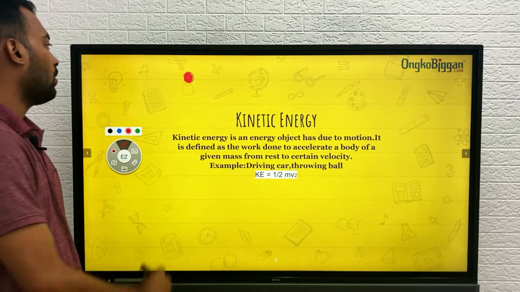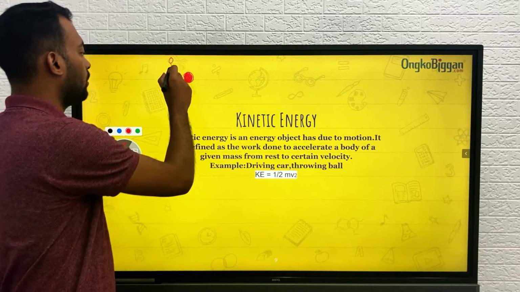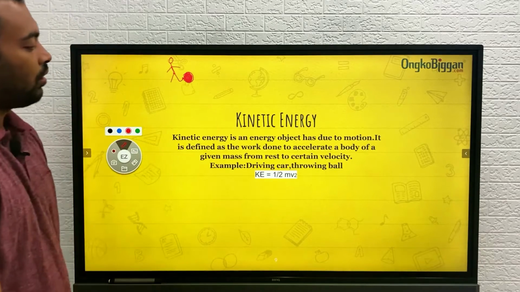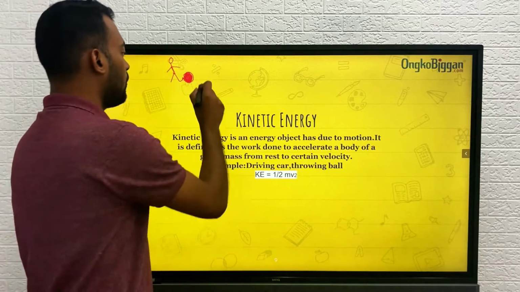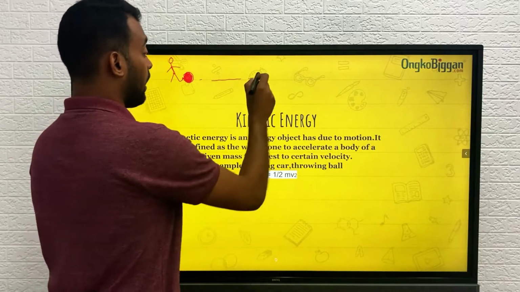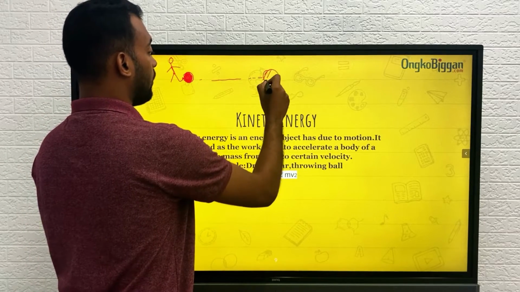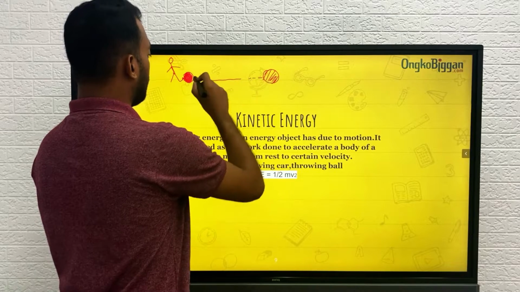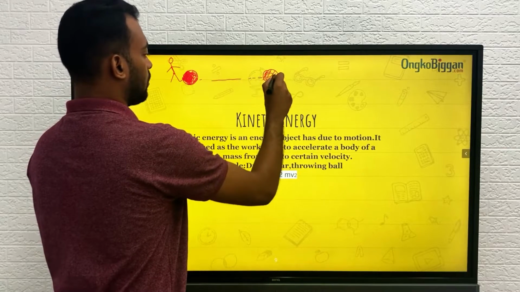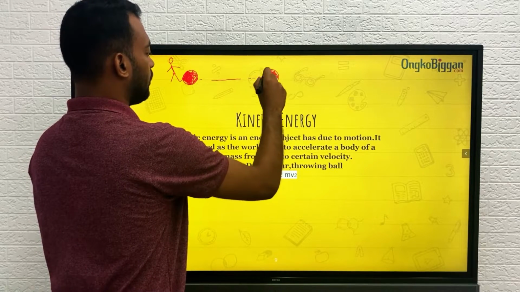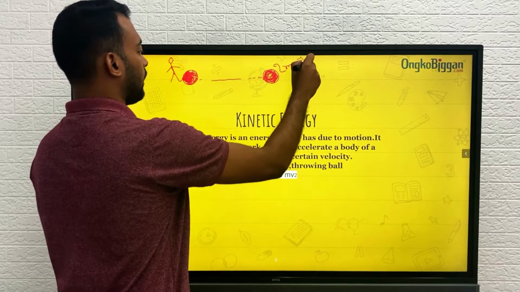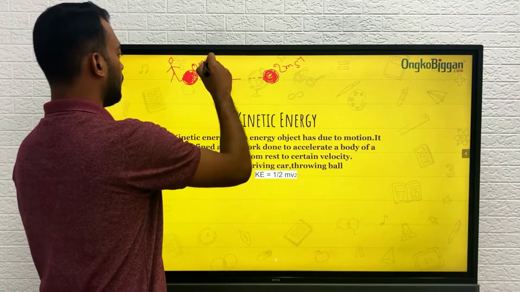Now you are kicking the ball, and the ball is now moving in this direction. And when it's moving, it has a certain velocity. When the ball is in this position, it has a certain velocity, suppose 2 meters per second. At this position, it was 0 meters per second.